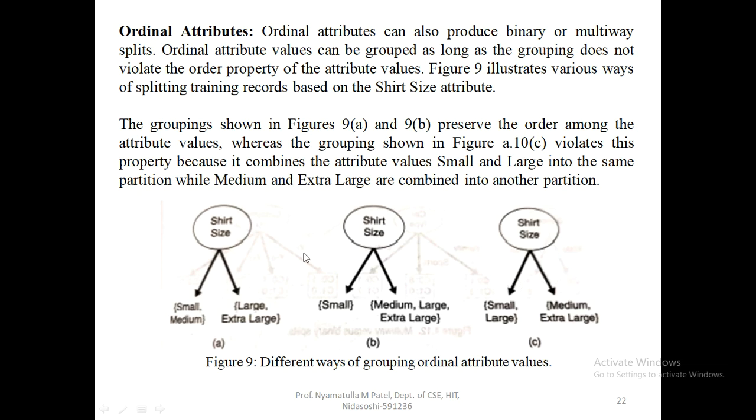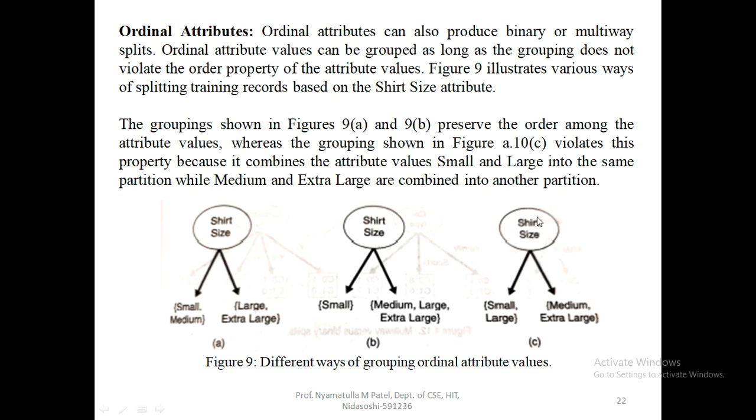In the first condition, shirt size is small and medium, whereas the other is large and extra large. The second condition is shirt size small, medium, large and extra large.